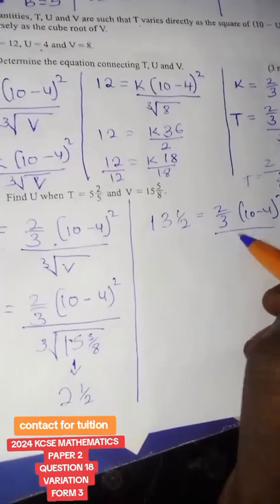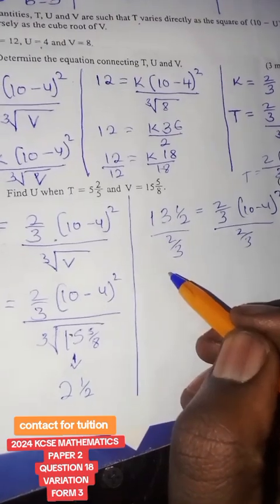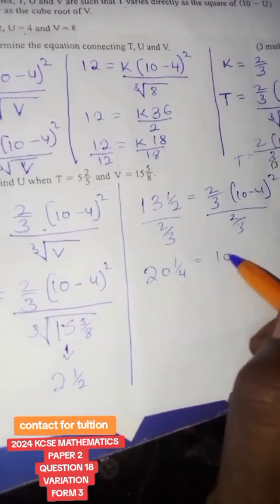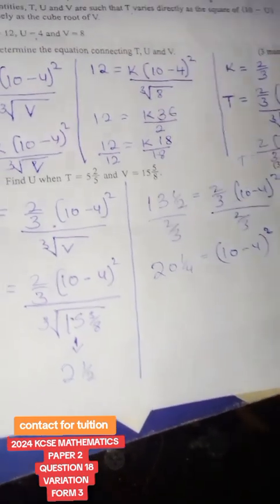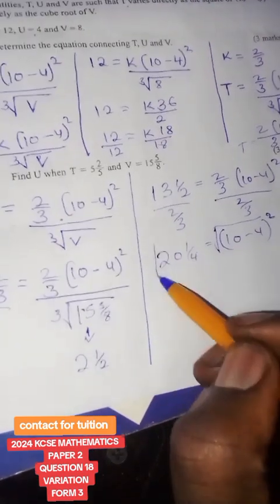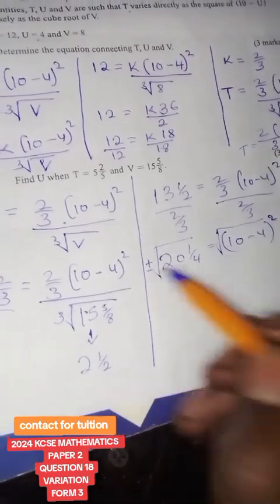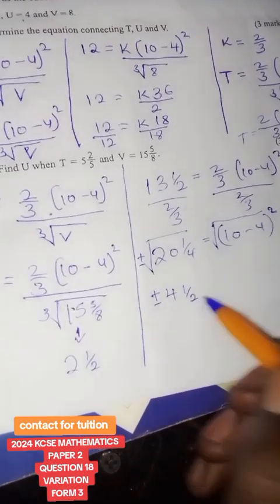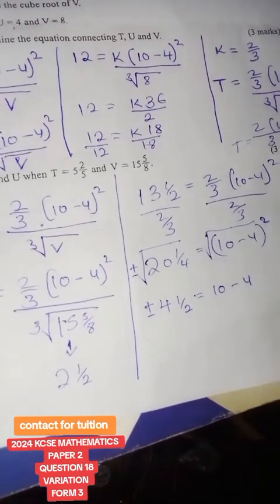Divide both sides by 2 over 3, so that we have 20 and 1 over 4 is equal to 10 minus U squared. To remove the square, we find the square root on both sides. When you find the square root, the answer should be positive or negative. Therefore, we have positive or negative 4.5 is equal to 10 minus U.